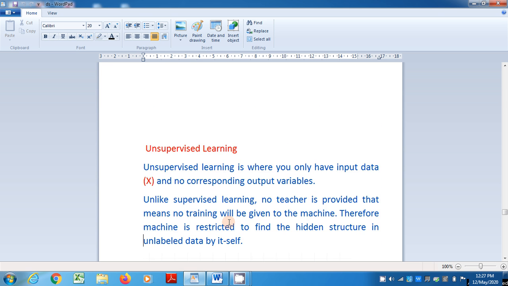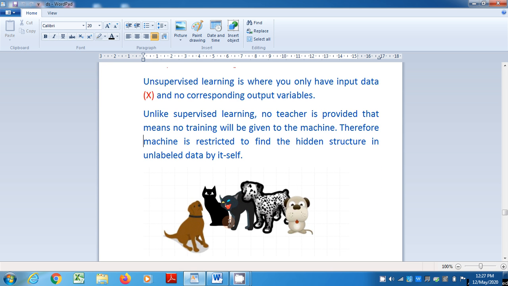And unsupervised learning. Here you can see unsupervised learning is where you have only input data x, no corresponding output variable. That means in supervised learning, there is an input variable and also an output variable, so we are training the machine based on some input variables and some corresponding output variables. But in unsupervised learning, there is no output variable. We are only giving data to the machine.